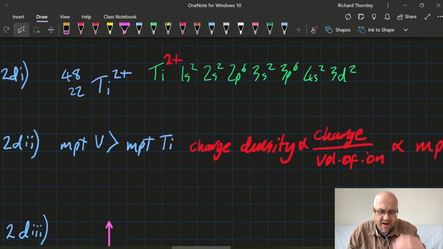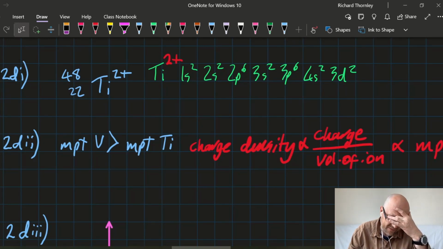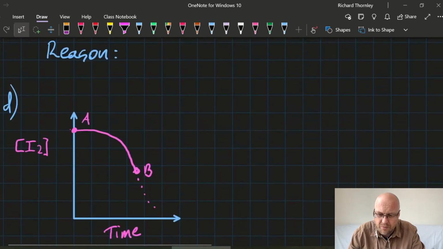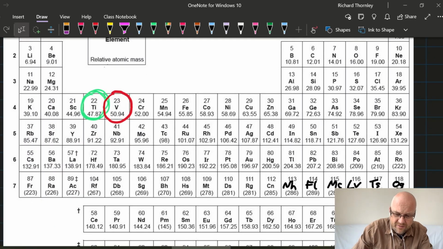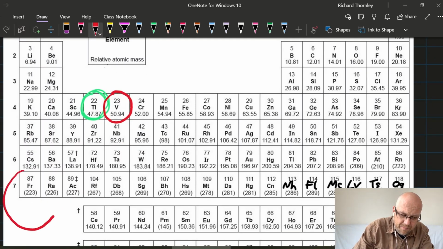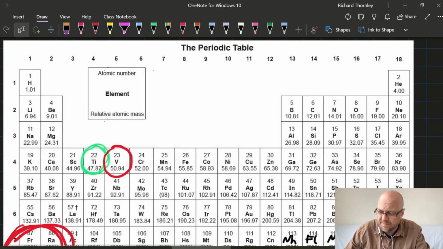Now the charges of the vanadium ion and the titanium ion, well, they have multiple charges. Both can be 2+, titanium can be 4+, vanadium can be 5+. So I'm thinking it probably isn't going to be the charge of the ion, because you wouldn't be expected to know that. But I do think the volume of the ion is important. So looking at the trend in radius, francium is the biggest atom on the periodic table, Fat Frank, that's how I think about it.